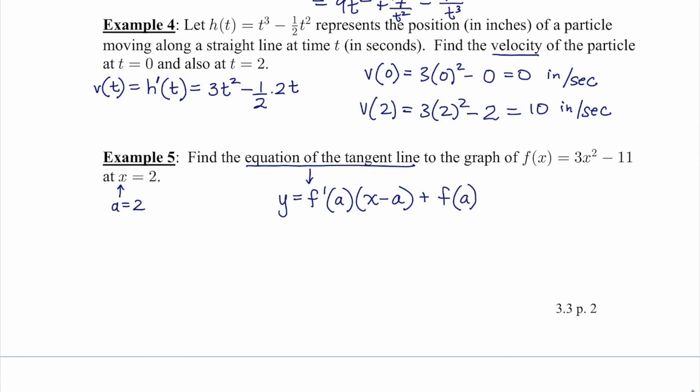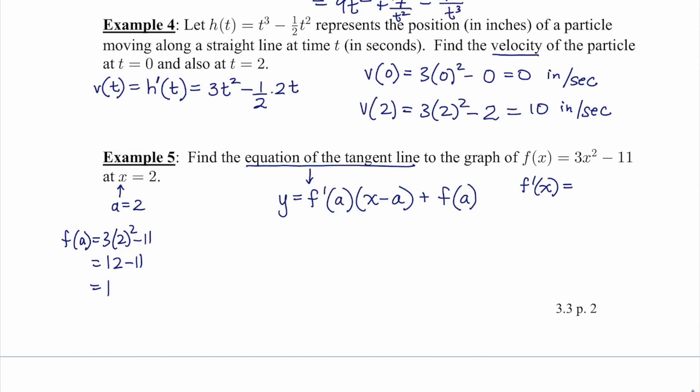And let's see, f of a is going to be 3 times 2 squared minus 11. So let's see, that's 12 minus 11, so 1. And our derivative, first we can find f prime of x, and then we'll fill in x equals 2.